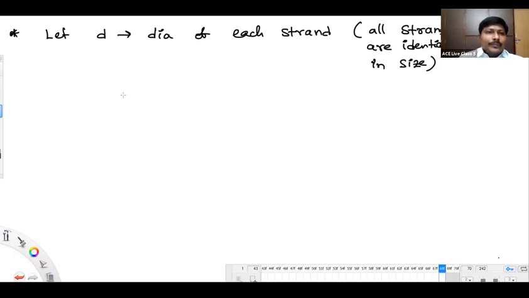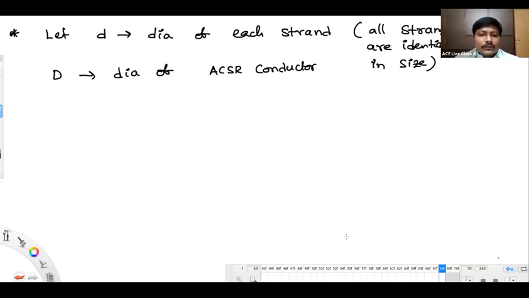Diameter of each strand. Next, capital D is the diameter of the ACSR conductor.